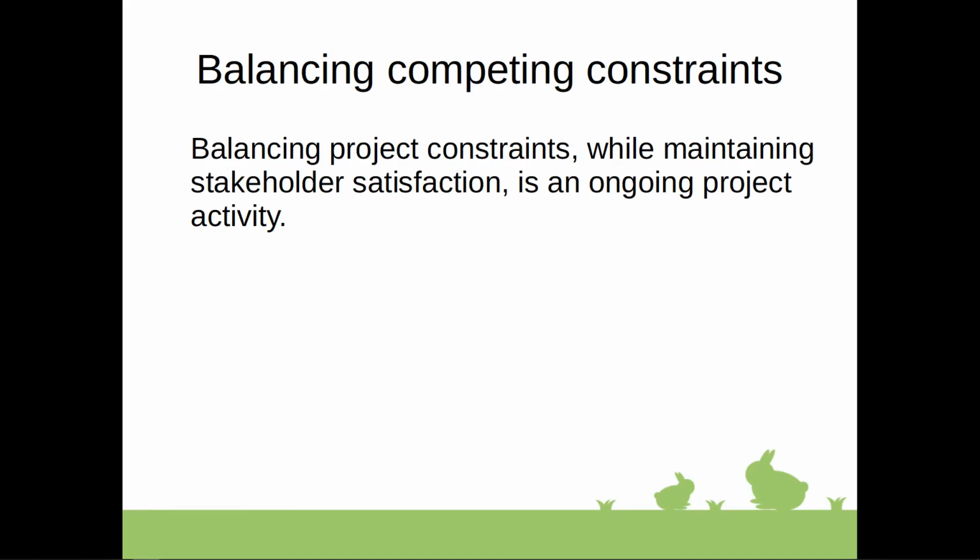Moreover, these constraints can shift and change throughout the project. Therefore, regular review of constraints is needed. For instance, the budget can be reduced for the project, or delivery dates can be forcefully changed, let's say, to an earlier date.